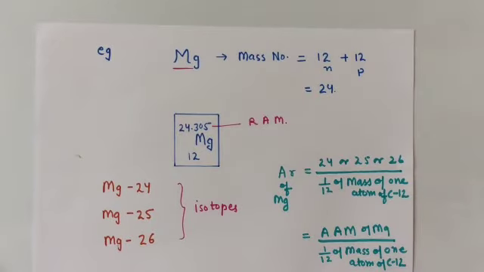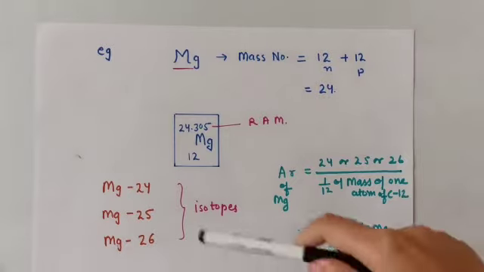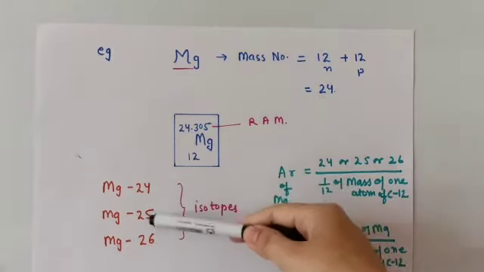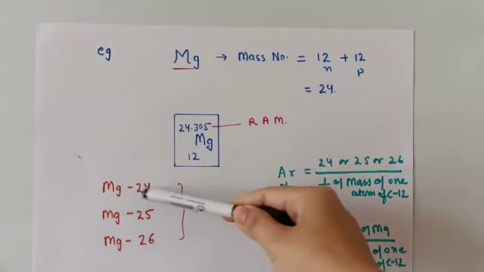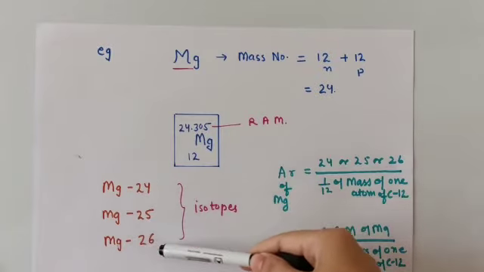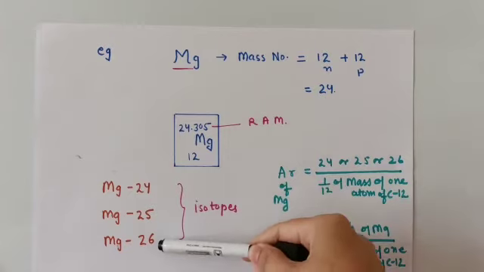For that, you have to calculate the average atomic mass of magnesium, and that mass will be compared with 1/12 of the mass of a carbon-12 atom. But we know that magnesium exists in three isotopic forms: Mg24, Mg25 and Mg26. These are the isotopes.